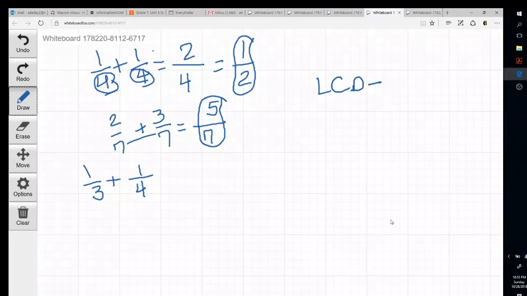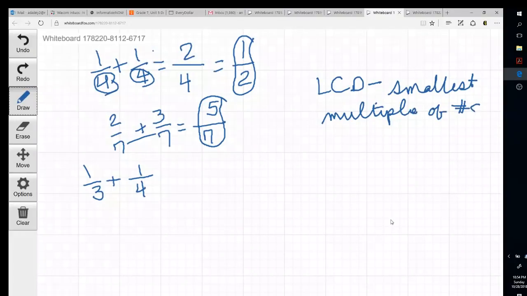The least common denominator is the smallest multiple of both numbers, both denominators. So, let's see, we'll find our multiples of 3 and just skip count by 3s. 3, 6, 9, 12, 15, and we could go on, but we won't.